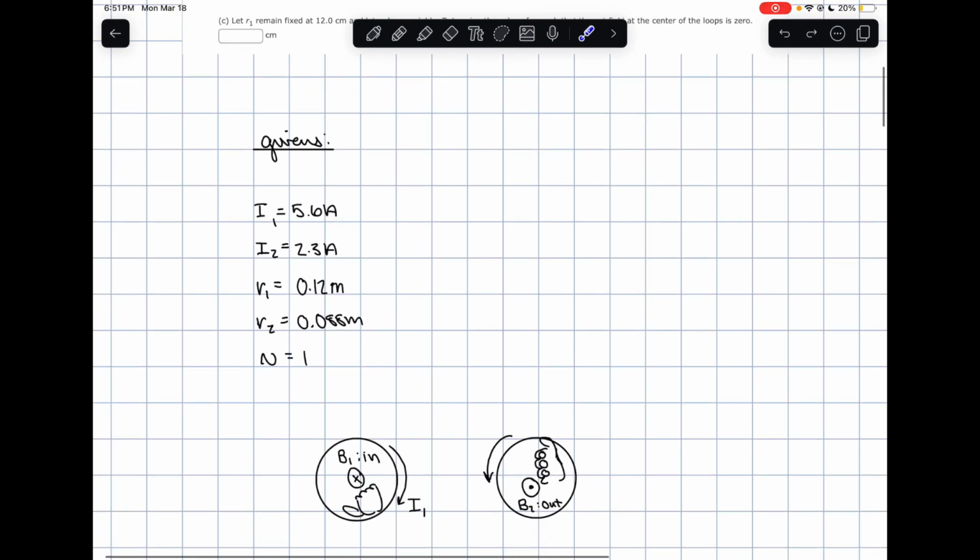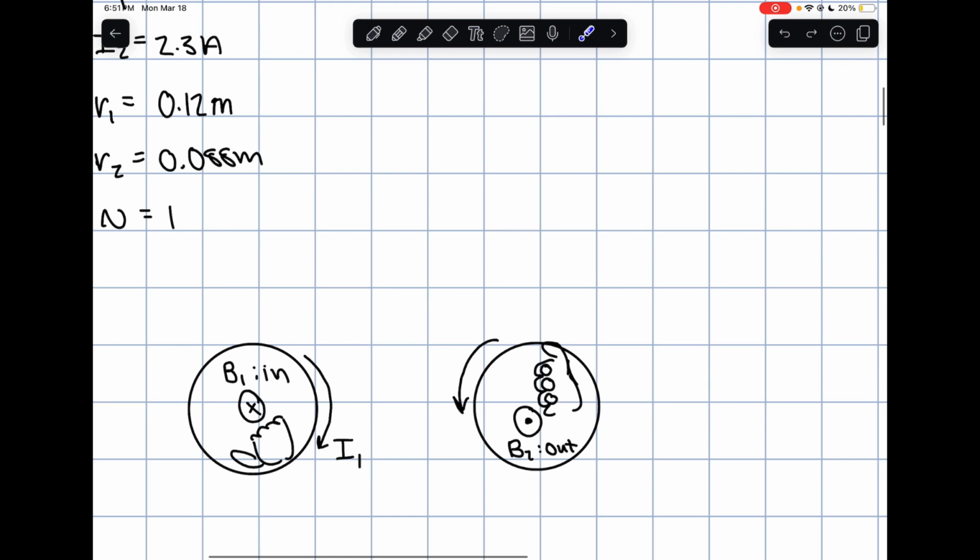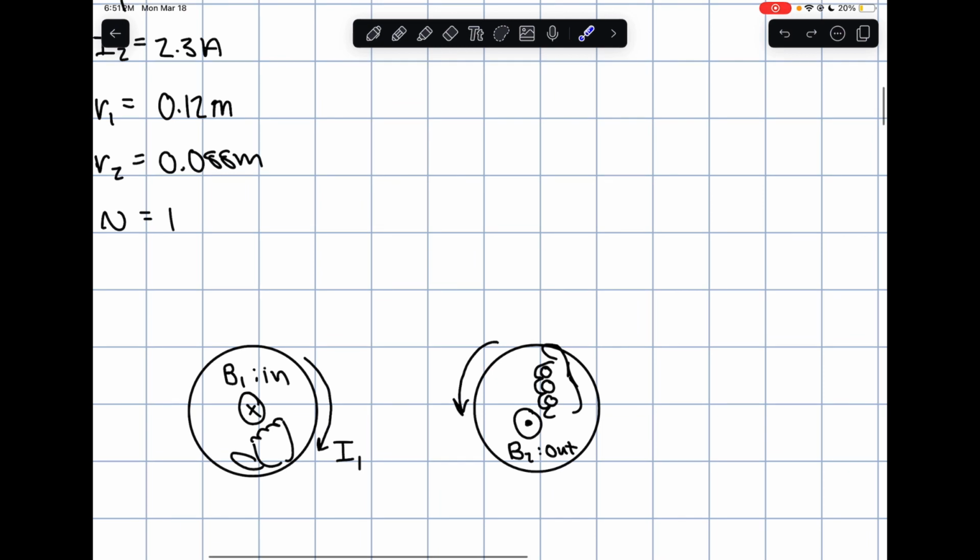Next, we can determine the direction, as you can see by my little diagrams down here. We can start with current 1, or the loop that current 1 is running through. We have it running in a clockwise direction. So if we use the right-hand rule and put our thumb in the direction of the current and see which ways our fingers are pointing, they should be pointing inwards or into the page.